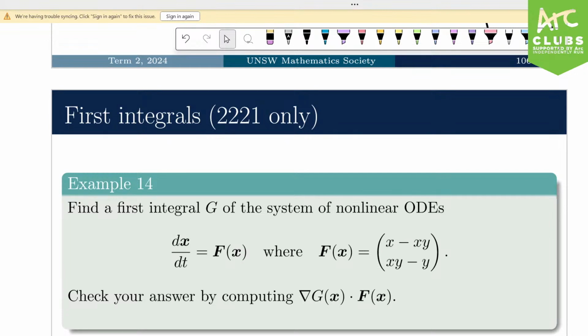So let's look at a very quick example. Find the first integral of this system. We've got what f is: x minus xy, xy minus y. Then we want to do a sanity check to make sure we've done it right by showing it's perpendicular, which is the same as doing the dot product and showing it's 0.